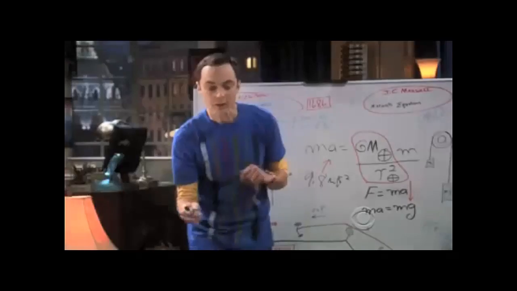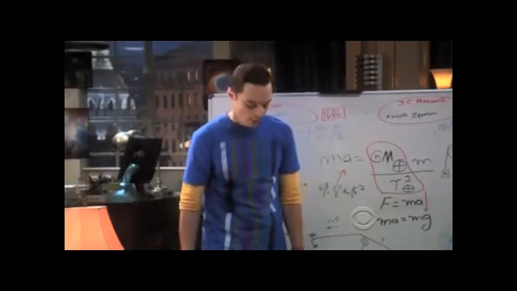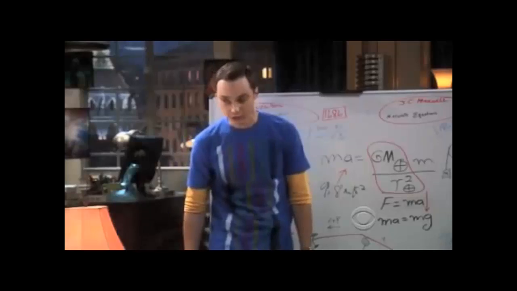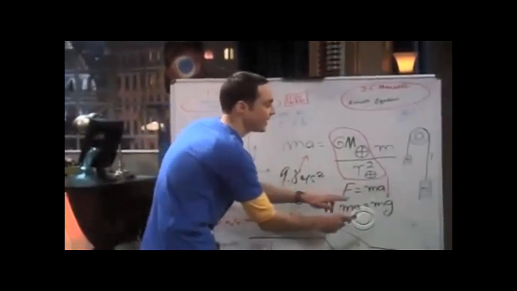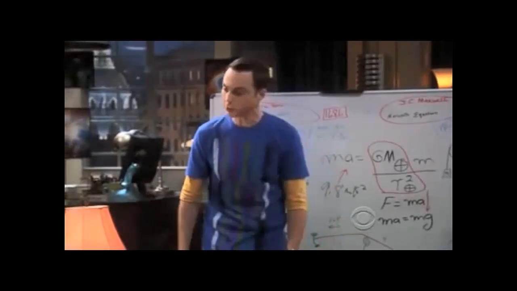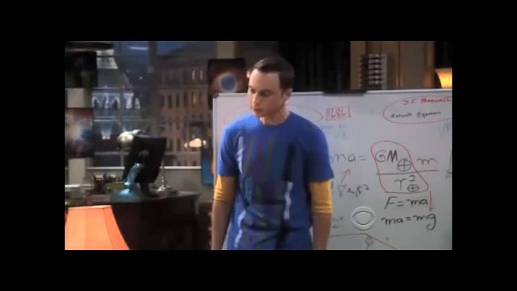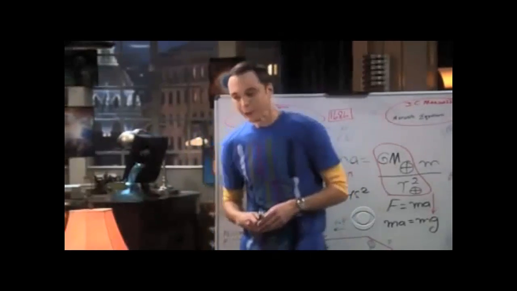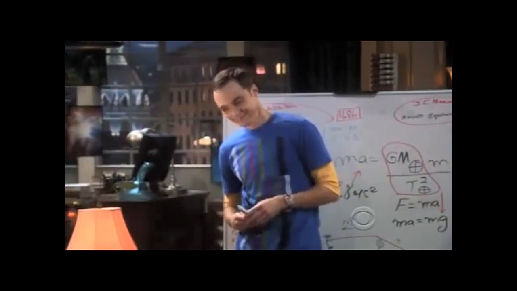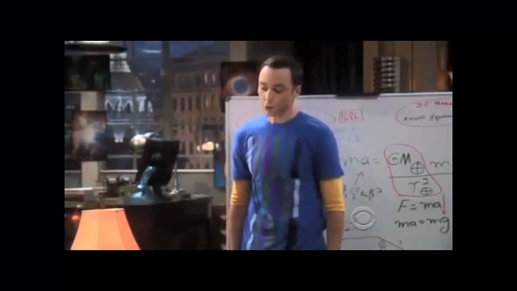We know that Newton was a really smart cookie. Oh, is that where Fig Newtons come from? No, Fig Newtons are named after a small town in Massachusetts. But don't write that down. Now, if ma equals mg, what does that imply? I don't know. Wait, but how can you not know? I just told you. Have you suffered a recent blow to the head? Hey, you don't have to be so mean. I'm sorry. Have you suffered a recent blow to the head? No, you just suck at teaching. Really? Of those two explanations, which one seems the most likely?